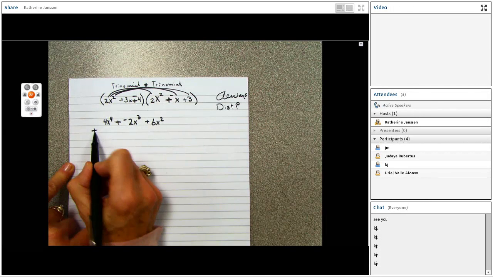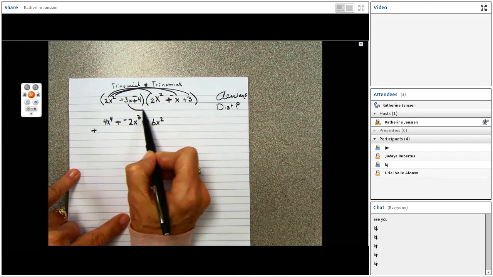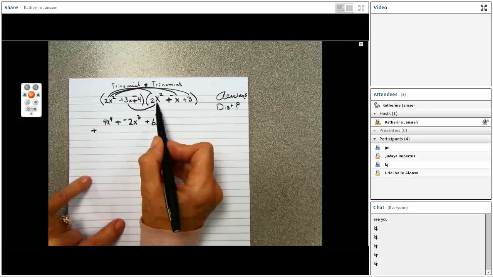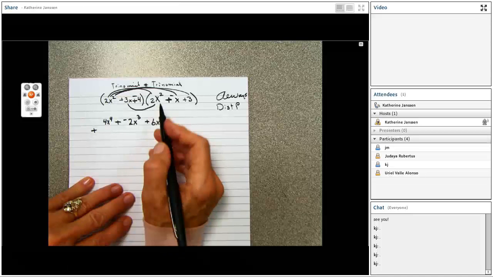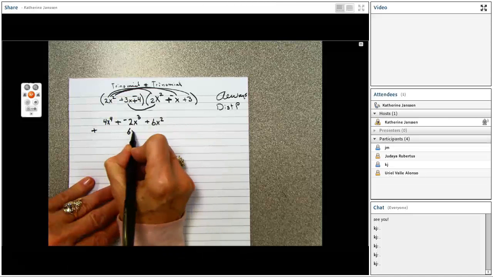Plus, I have 3x times 2x squared. 3x times 2x squared is going to be 6x cubed.